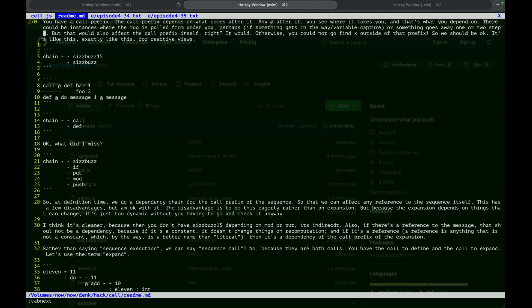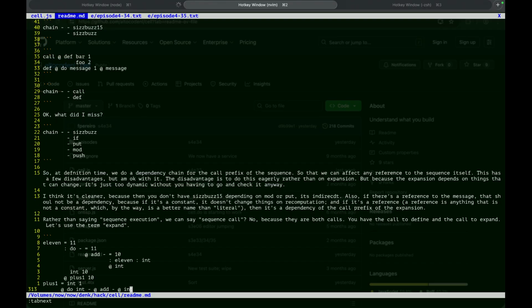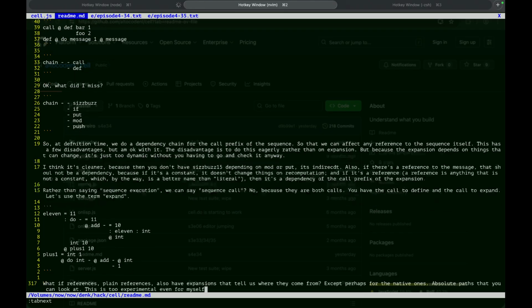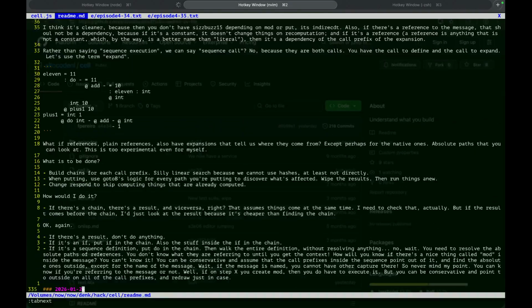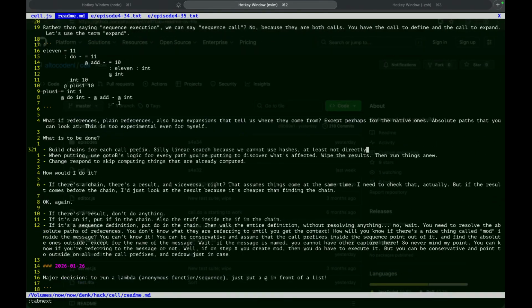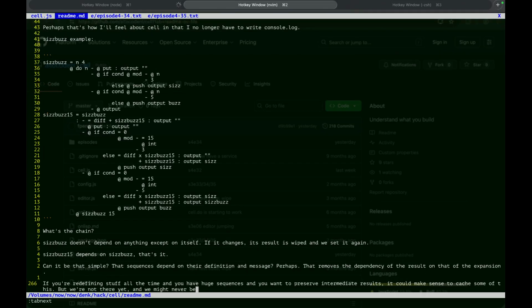Last session we had some interesting ideas here: put the definitions, the chains, in the definition. I think what's clear here is that I need good test cases.